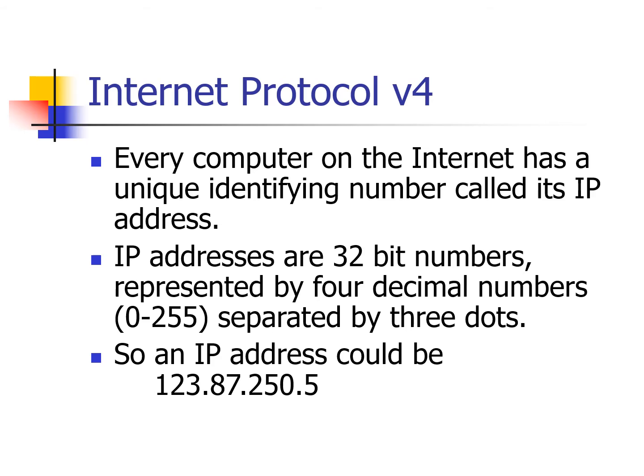So, for example, an IP address could look like this. It could be 123.87.250.5. That's 4 numbers between 0 and 255 separated by dots.